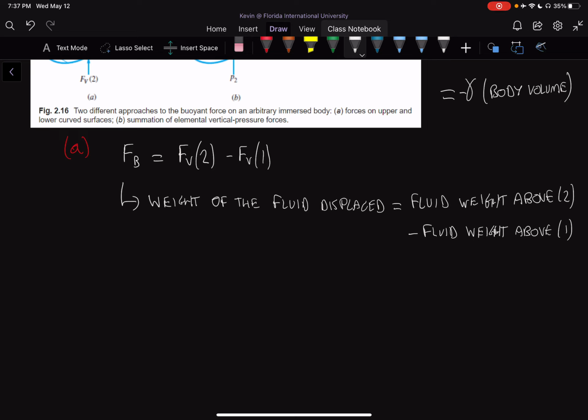The center of volume is also the center of mass because we said it had uniform density.